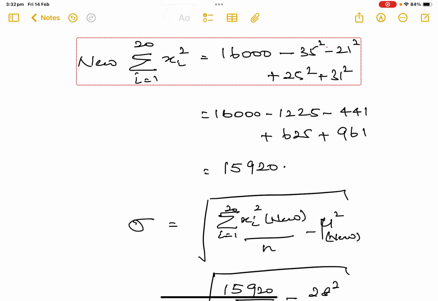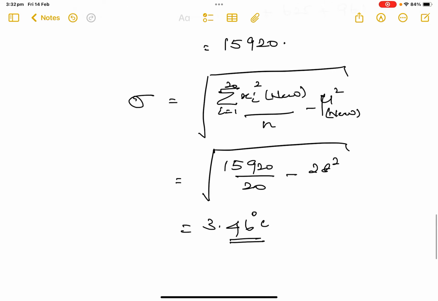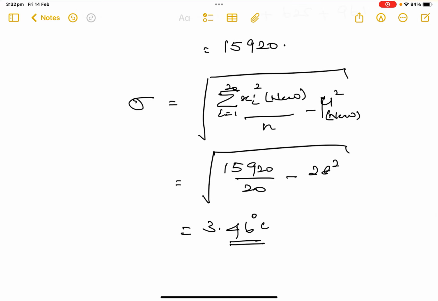This gives us the new sum of xi squared, 15,920. The standard deviation is the square root of the new sum of xi squared over n, minus mu squared, again mu new.